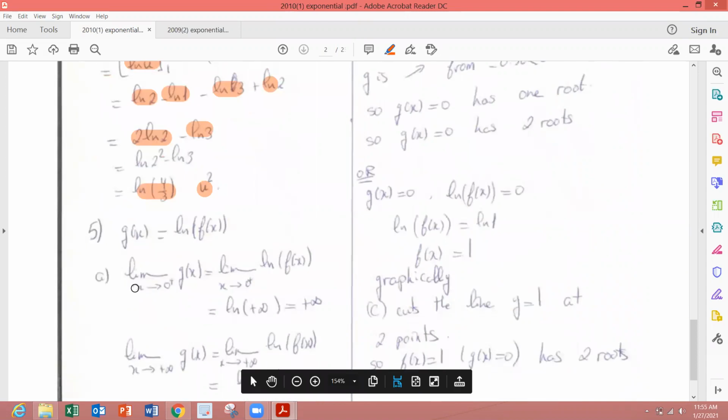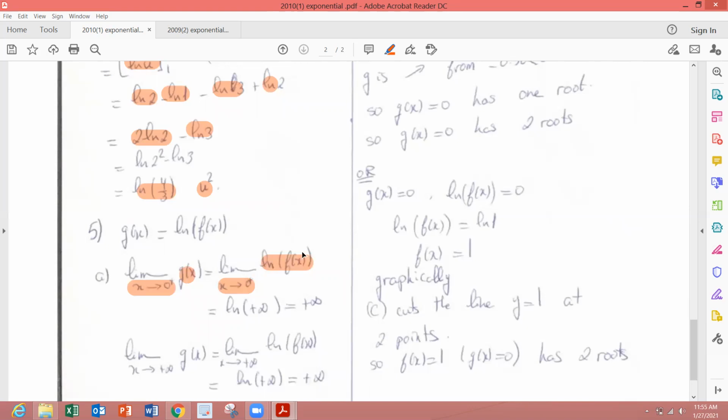So the limit as x tends to 0+ of g(x) equals the limit as x tends to 0+ of ln f(x). As x tends to 0+, f(x) tends to plus infinity. So we get ln of plus infinity, which is plus infinity.